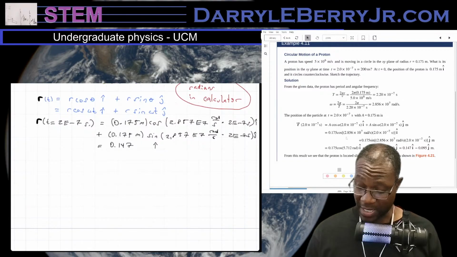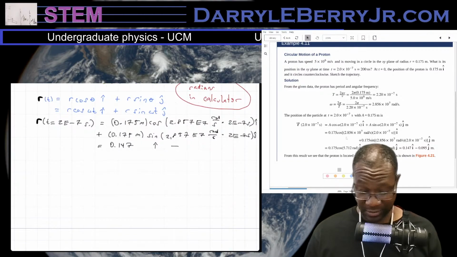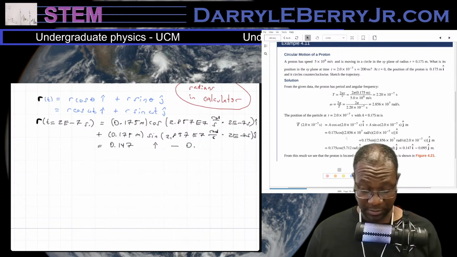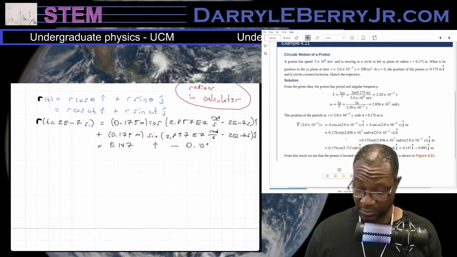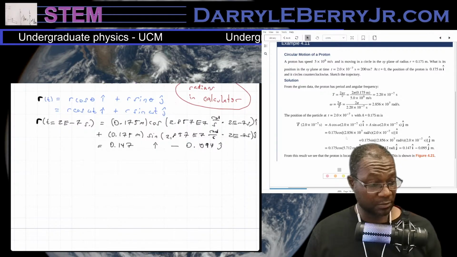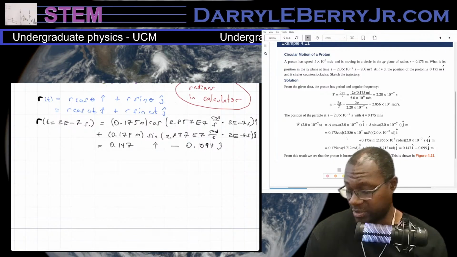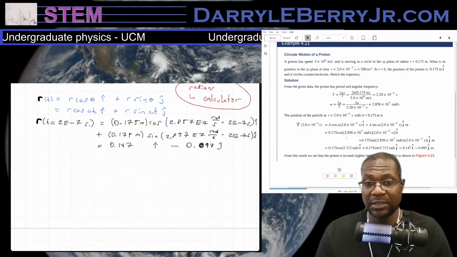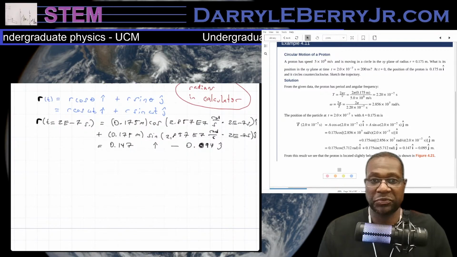0.147 i minus 0.094. That's the position it's at when those amount of seconds have passed, when it has that amount of tangential velocity.